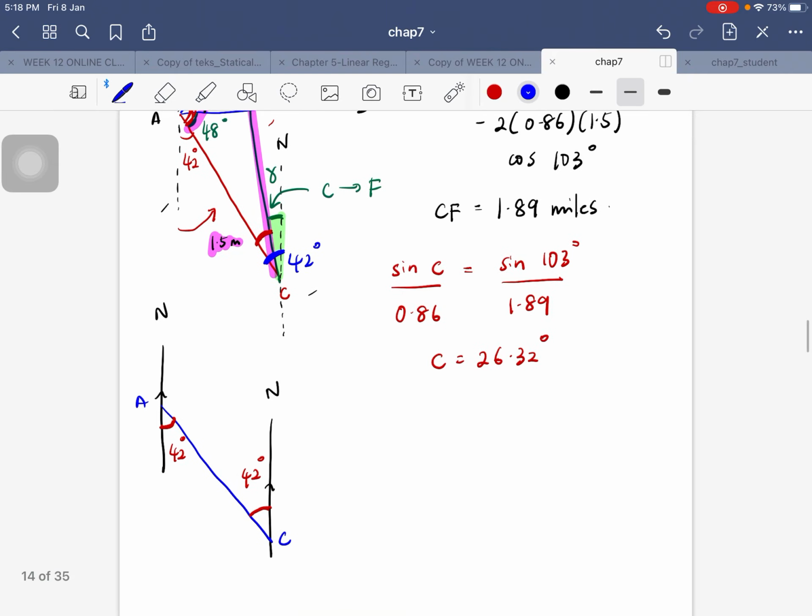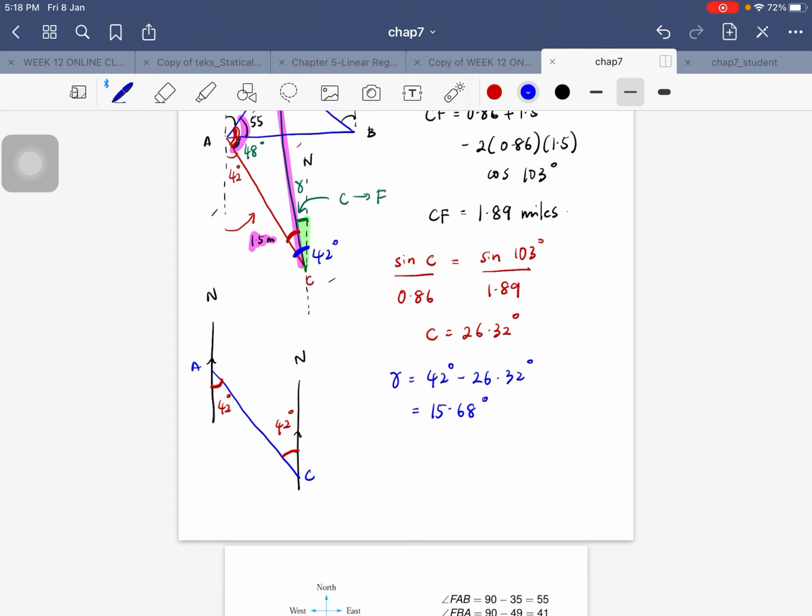Therefore from there I can find the value of gamma. So gamma is going to equal 42 degrees minus the angle of C, which is 26.32 degrees. So 42 minus 26.32 is going to be 15.68 degrees. So that is going to be our value of gamma.